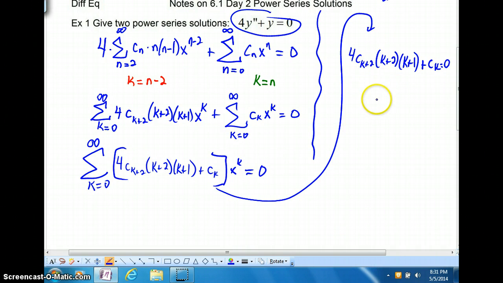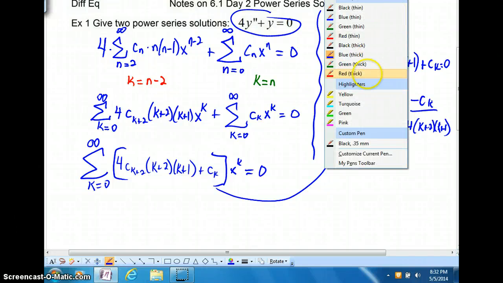Solving for c sub k plus 2 is not that difficult. We're going to subtract a c sub k and then also divide by 4 times k plus 2 times k plus 1. What you're probably going to notice very quickly is that unlike what we did before, we don't have these c sub terms out in front of our sigma, so we won't immediately have some information regarding them.